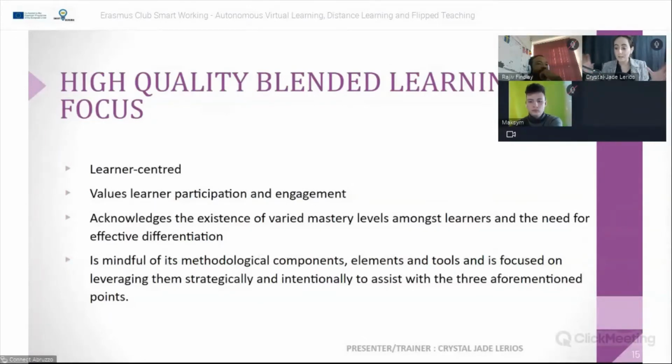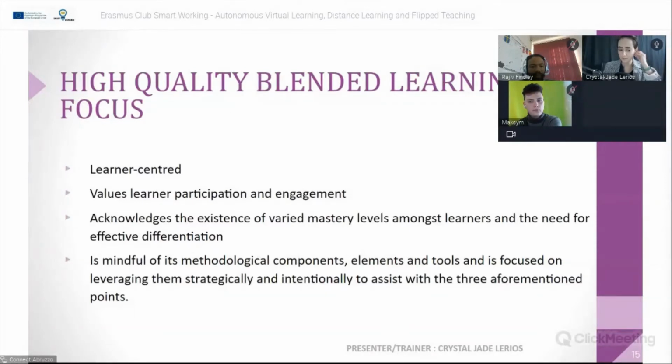So what blended wants to do is find a way to diversify how we use technology in order to make sure that every mastery level is engaged and also gets the effective differentiation that they need in order to tackle the learning difficulties that they might be facing.